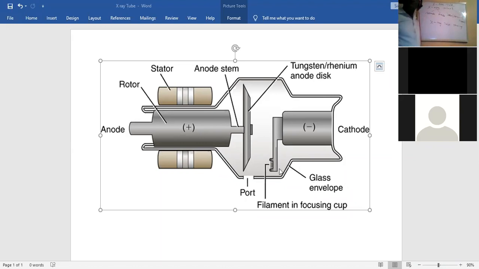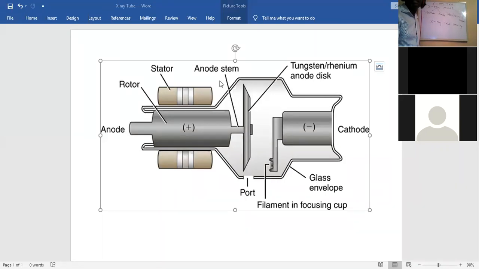All these also contribute to some form of filtration. So we have lead shielding. This one is a glass envelope.